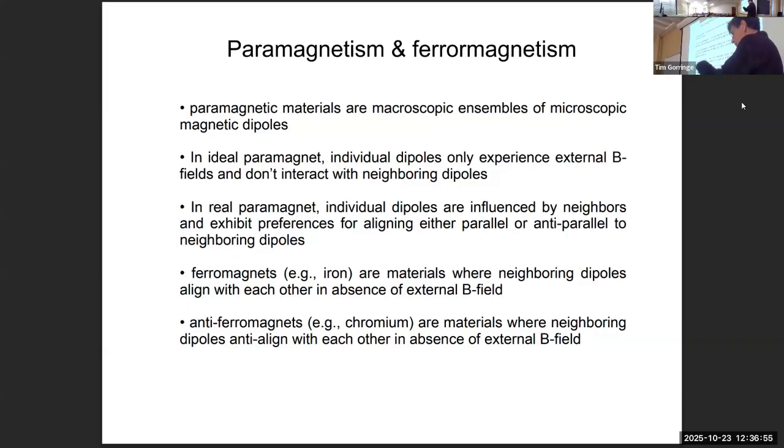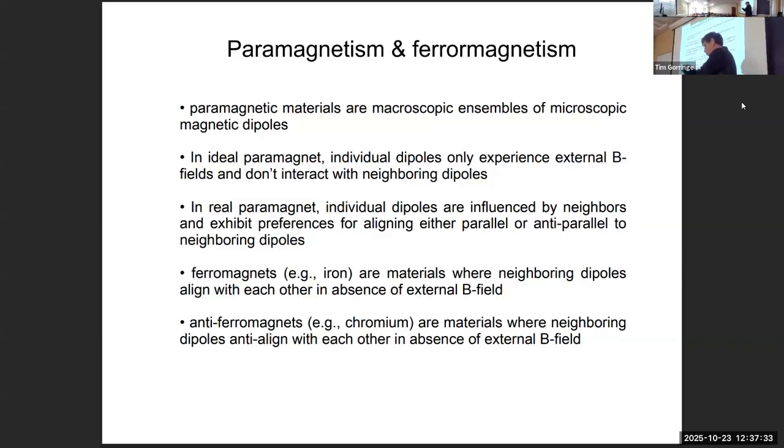Paramagnetic materials are assemblies of atoms and molecules where those atoms and molecules, or the electrons accompanying them, have dipole moments due to the electron's magnetism. So we're going to be thinking of them as collections of microscopic dipole moments. When we're thinking of a paramagnetic material, let's just imagine the inside is this huge collection of microscopic dipole moments.